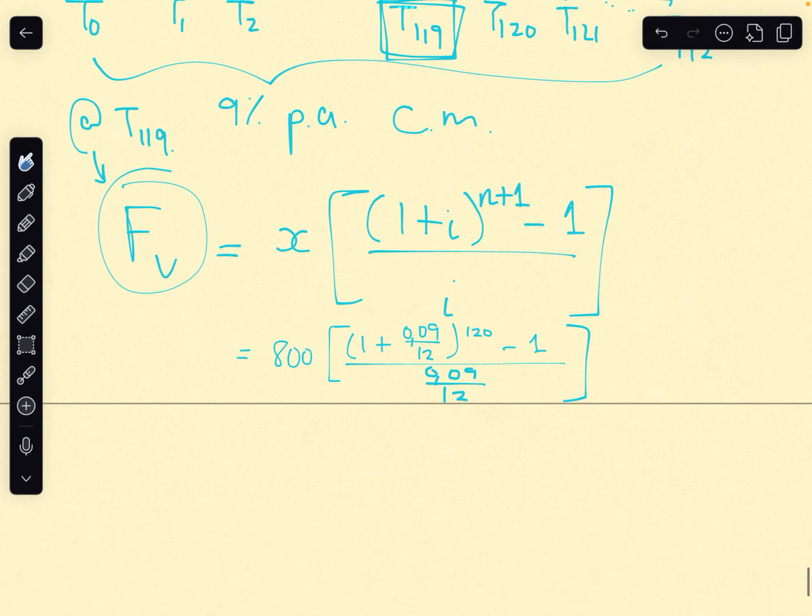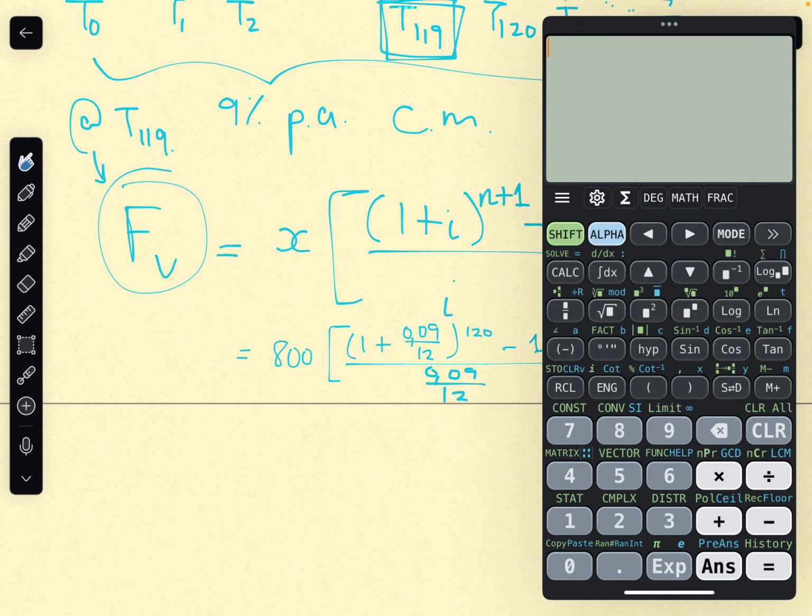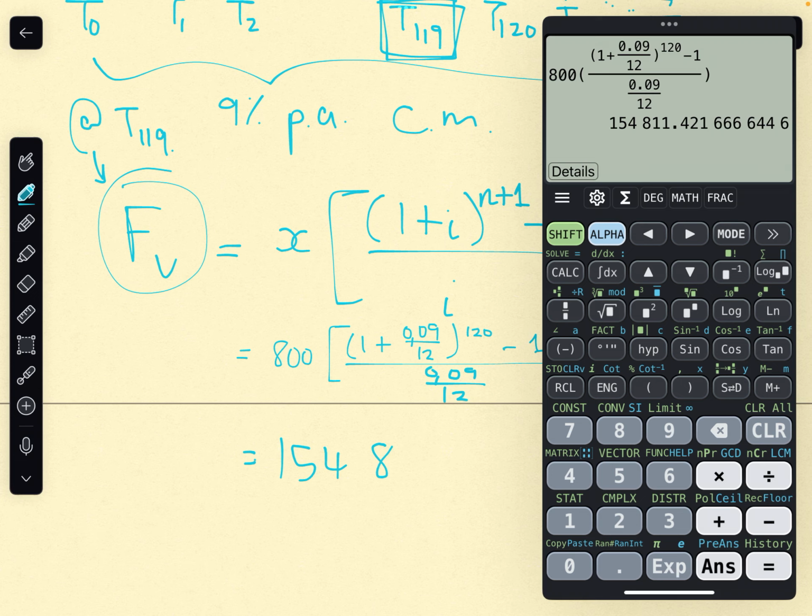Right, so then we put that into our calculators. So that is about 154,811.42 and so on.